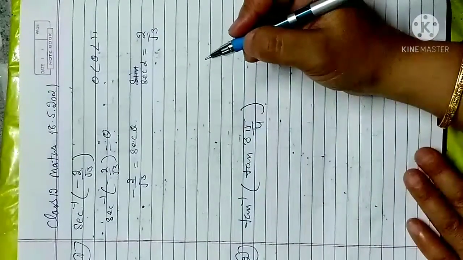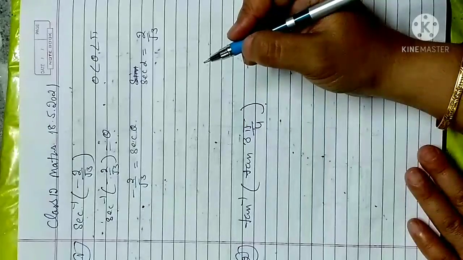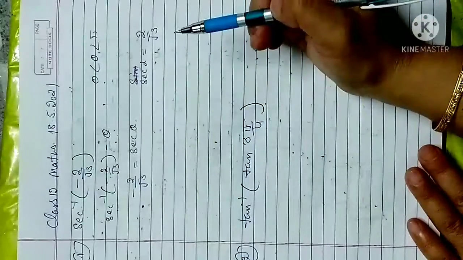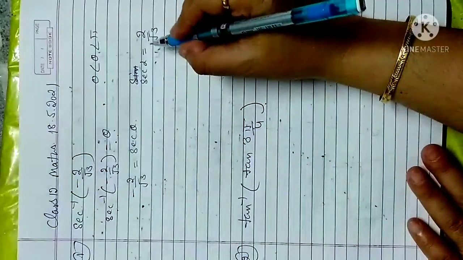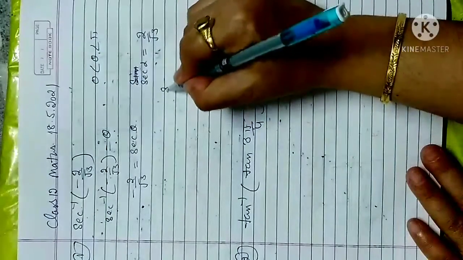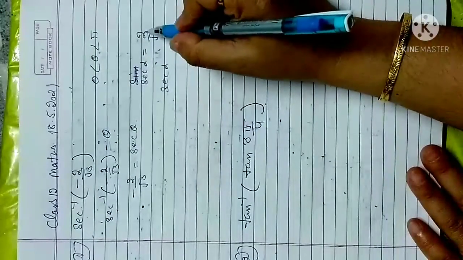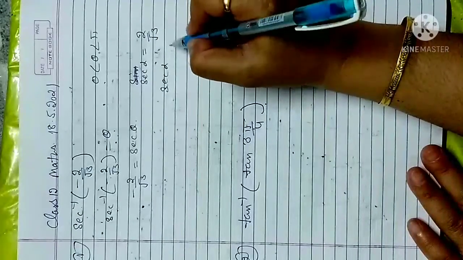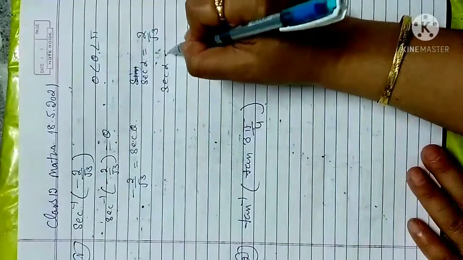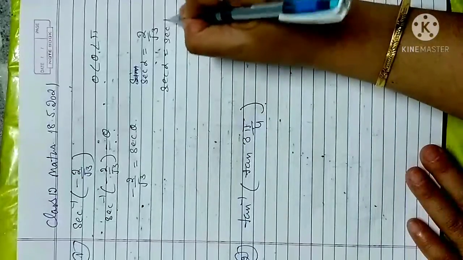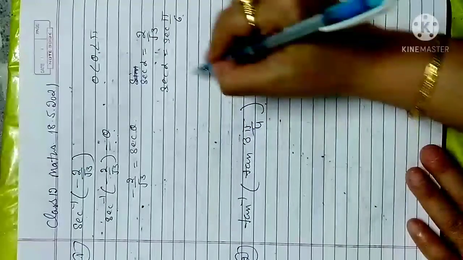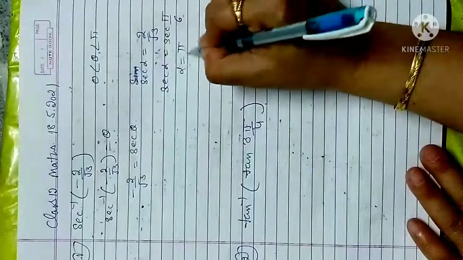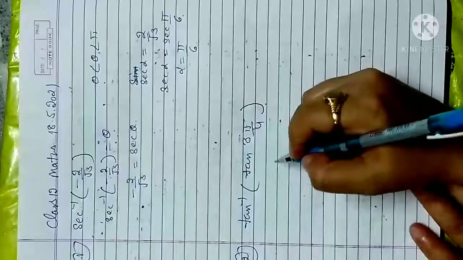To find the base angle means you have to find the angle between 0 degrees and 90 degrees. Secant alpha is 2 by root 3 when alpha is 30 degrees, that is secant pi by 6. So my basic angle is alpha equal to pi by 6.